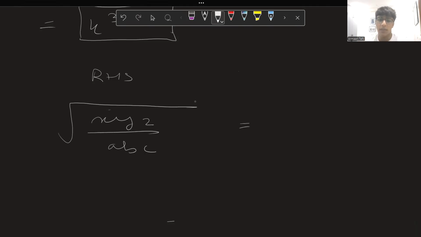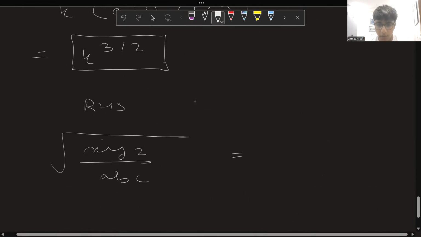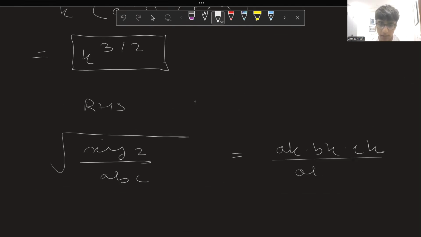Yeah, now everything works. So x we wrote as ak, y as bk, z as ck, as we already wrote, divided by abc, and an under root of this entire thing. You can cancel out the abc with an abc and you get the square root of k cube.